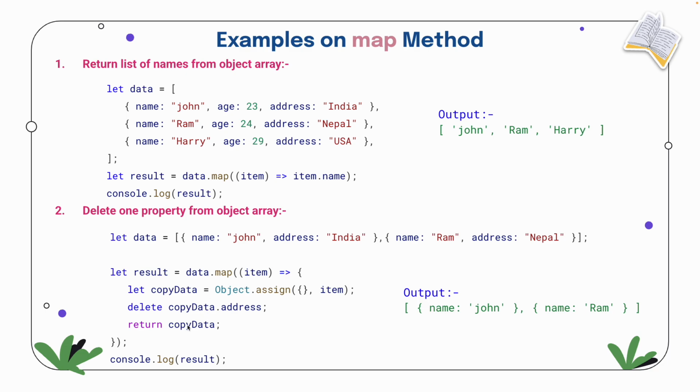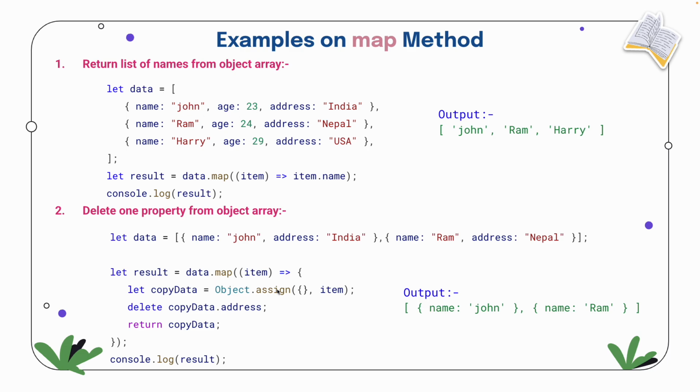So first it takes the entire object one item at a time, then creates a new object, because if I make the same change directly, the reference will get affected. That's why I'm writing Object.assign, creating the new object and adding the item. If I delete item.address directly, the main object will get deleted.